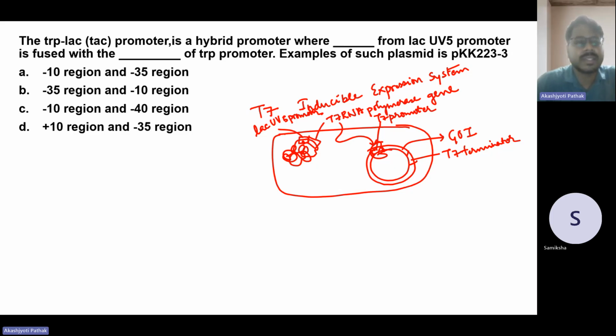Here, TRP and LAC together are called the TAC promoter.